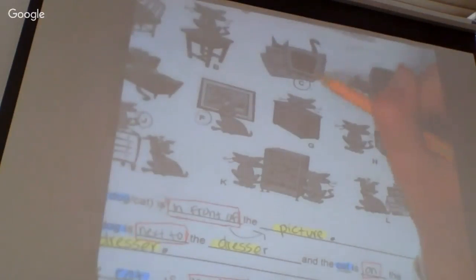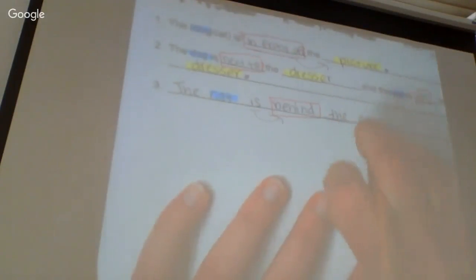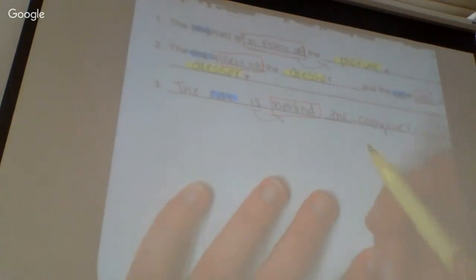The cat in C is behind the computer. So to finish my sentence, I need to write the computer. Period at the end, and I highlight it yellow because that is the location of the cat.